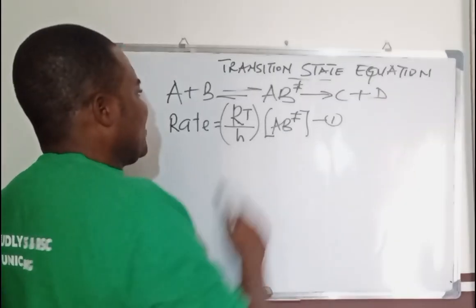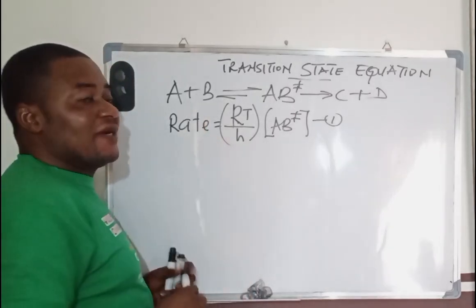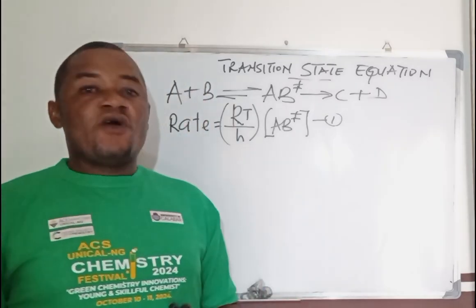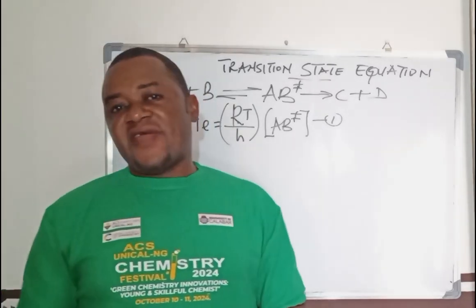Now if this is true, we can simply equate this to the reactant. Remember that if you have to draw an equilibrium reaction or equilibrium equation, you are going to put products over the reactant.